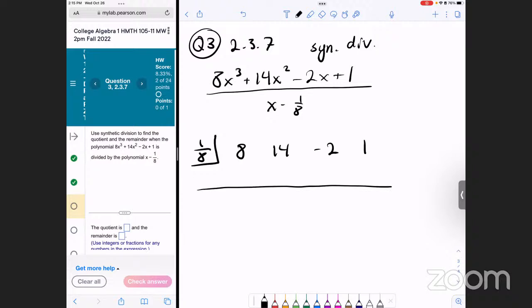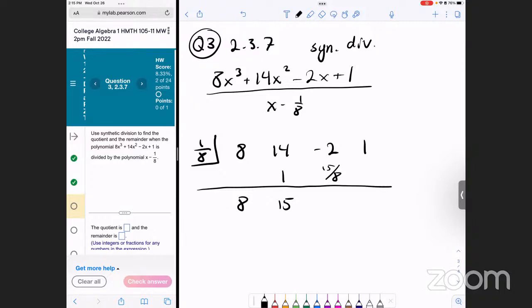The 8 comes down. That's a 1. That's 15. 15 over 8, so 15 by 8. 16.